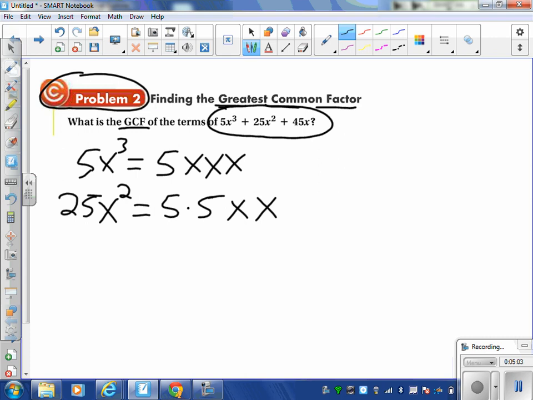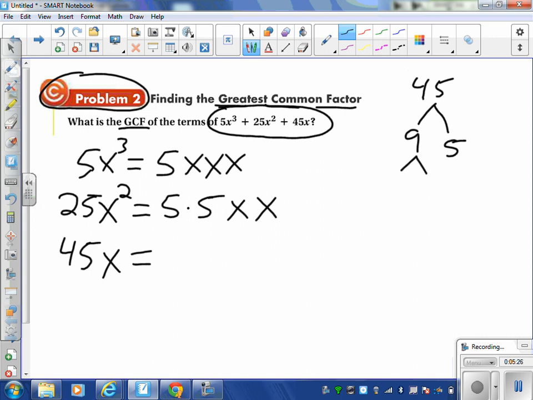And then the last term, 45x. What does that equal? Let's look at 45. Let's factor 45. What two numbers multiplied give me 45? 9 and 5.